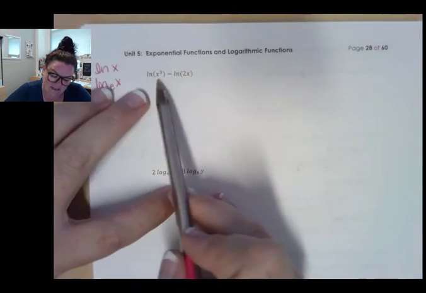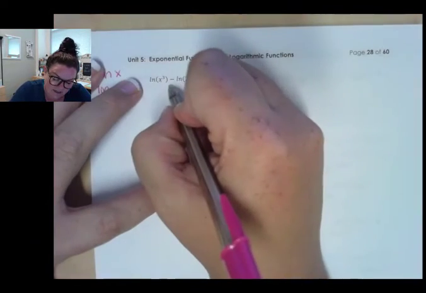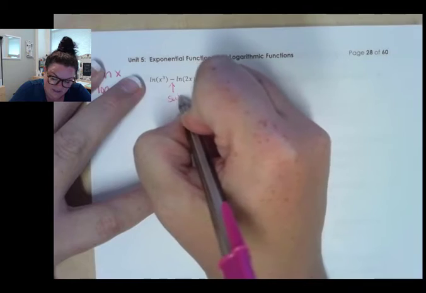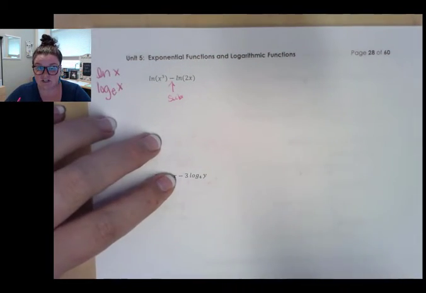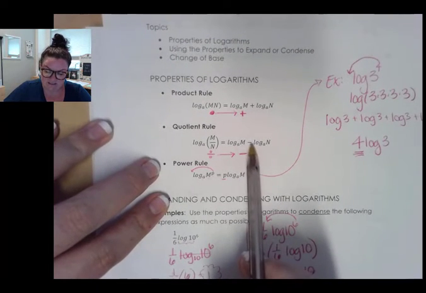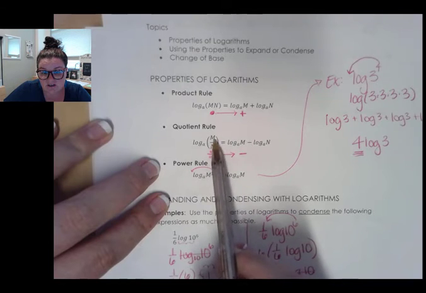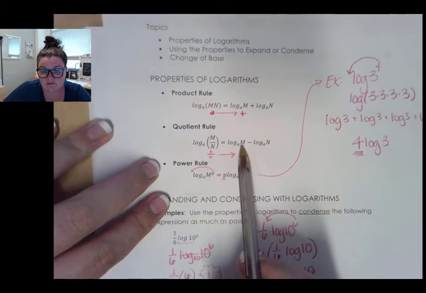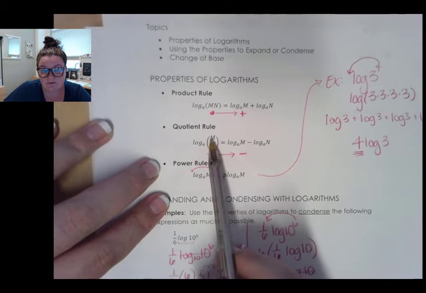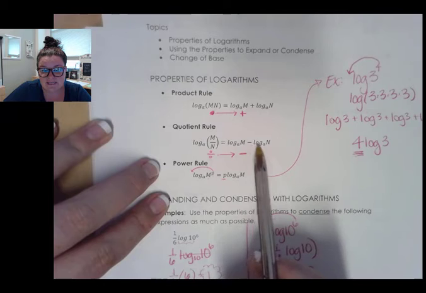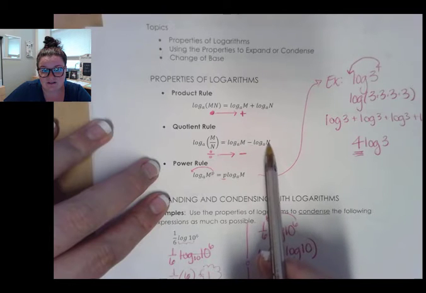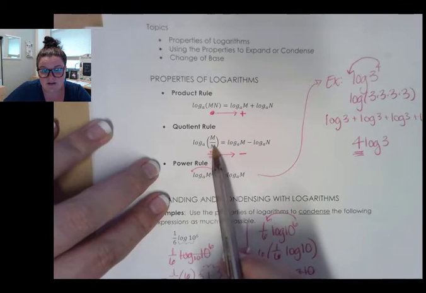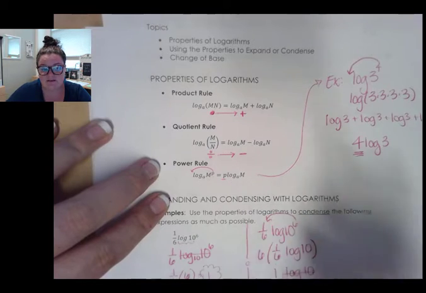So if I take these two terms, notice right here, I have a subtraction, right? And subtraction, if I look back at my properties, when I see a subtraction, the subtraction symbol comes from originally having a division of factors within my log, right? So whatever my first term, my positive term is, that factor goes on the top of my quotient, and the term that's getting subtracted, its inside factor, goes into the denominator of my inside value here.